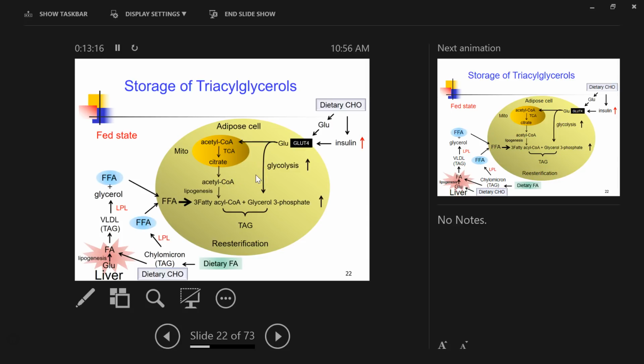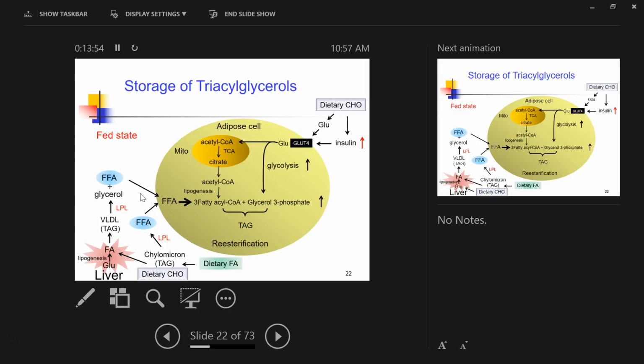Adipose tissue, of course. The purpose is to store energy as triglyceride. And what enzyme is involved in the uptake of triglyceride? LPL, lipoprotein lipase. Because triglyceride needs to be broken down to fatty acids to be taken up by the fat cell. So LPL is the enzyme that helps uptake of triglyceride.